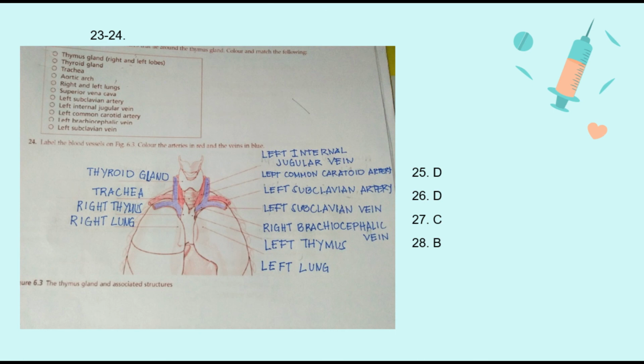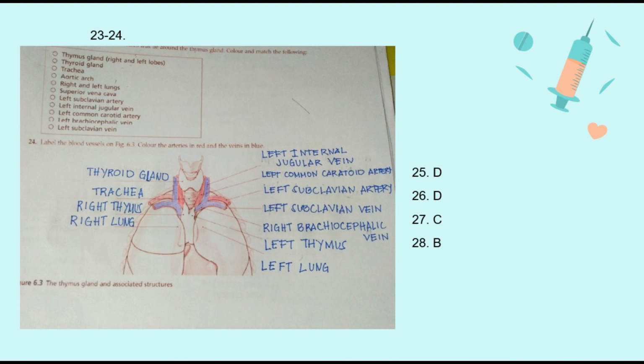For number 23, figure 6.3 shows the main structures that lie around the thymus gland. Color and match the following. 24. Label the blood vessels on figure 6.3. Color the arteries in red and the veins in blue.